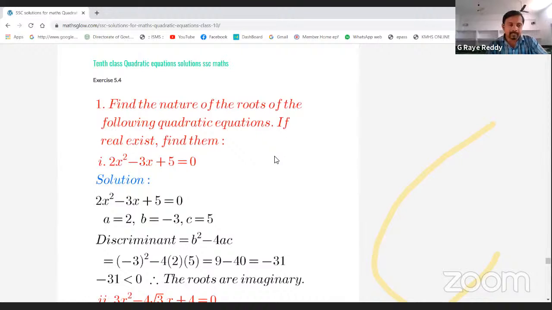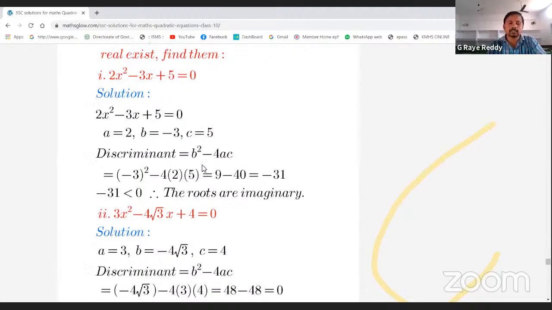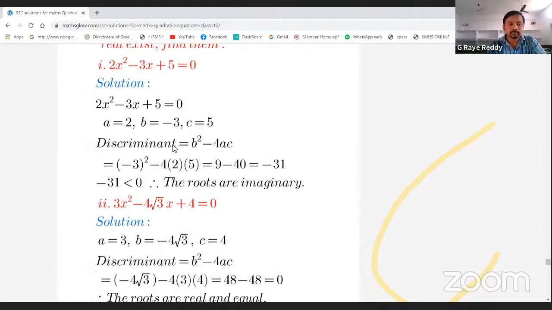First bit: find the nature of the roots of the following quadratic equation, and if real roots exist, find them. 2x square minus 3x plus 5 equal to 0. This is the first question. We compare the given equation with ax square plus bx plus c, and we get a equal to 2, b equal to -3, c equal to 5. The discriminant formula is b square minus 4ac.